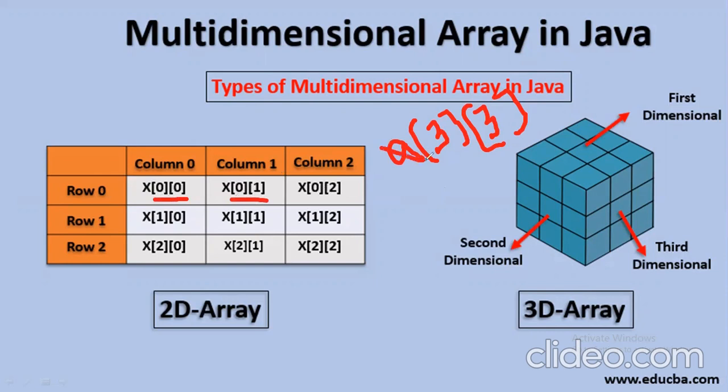Let us take this one as X. The first value will be at X of 0, 0, X of 0, 1, X of 0, 2, which means for row 0, we will iterate with column 0, column 1, column 2.